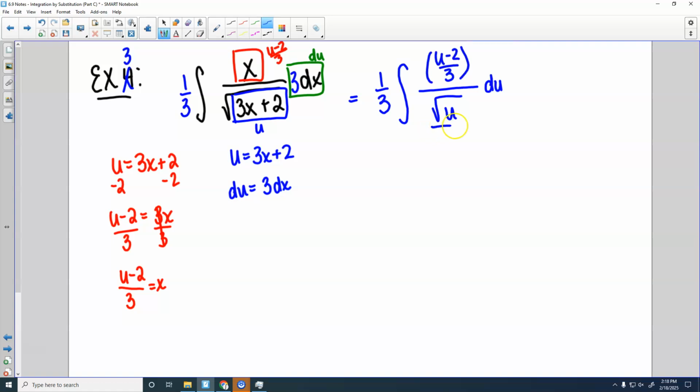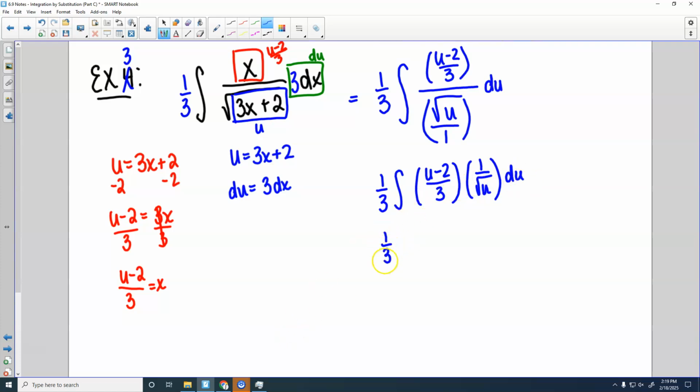Okay, so I can put this over 1 like that and flip the second and multiply. I like that. This is not the only way to deal with it, but it's definitely a good way to deal with it. It's what I was thinking as well. Okay, and then if we want to combine those, we'd have u minus 2 over 3.